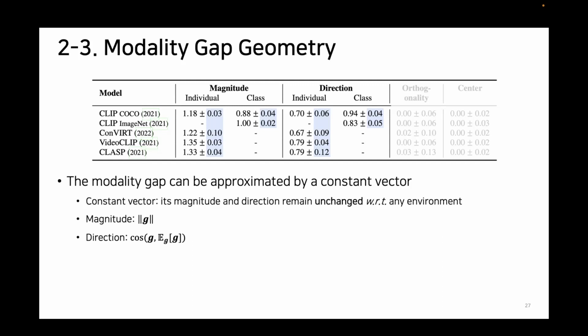Not modality, because the constant vector gap is defined between the two modalities. So this should not be modality, but any class and any individual pairs. Even though there are changes across the pairs, maybe some vector direction is unchanged, then it can be said to be a constant. So environment can be considered as class in the class case and also the sample pair in the individual case.